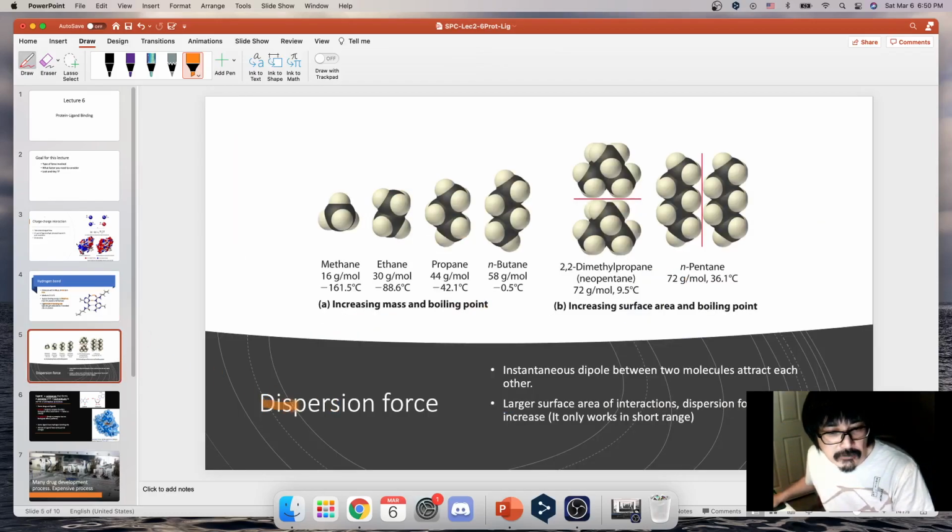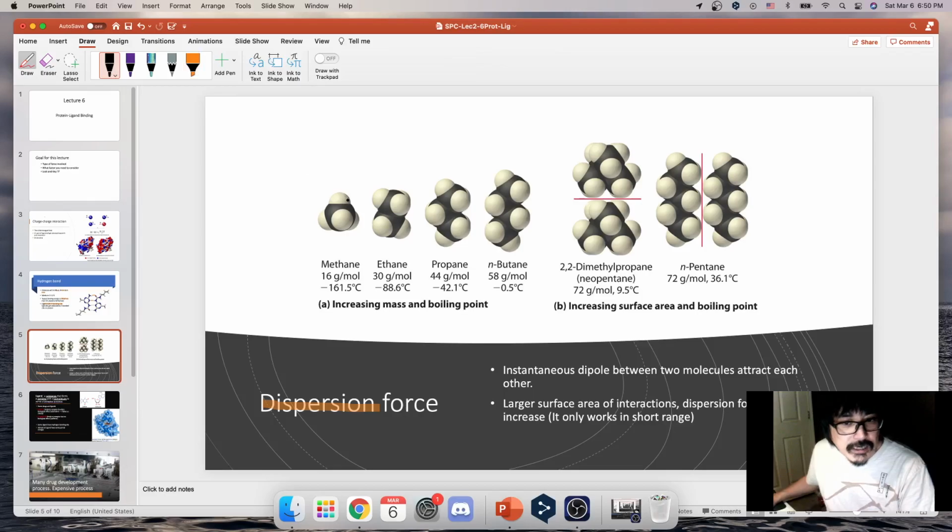Another force that's kind of important is the dispersion force. The dispersion force has nothing to do with charges here, so there are no partial charges. The charges are uniform here.